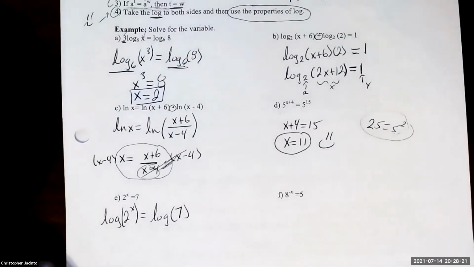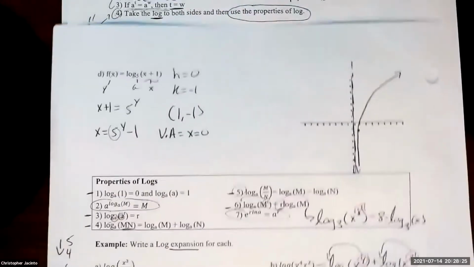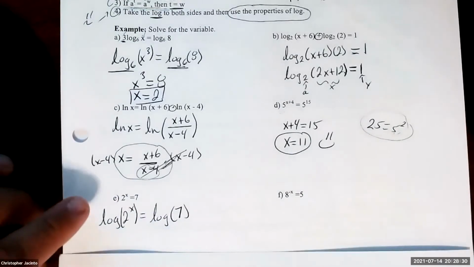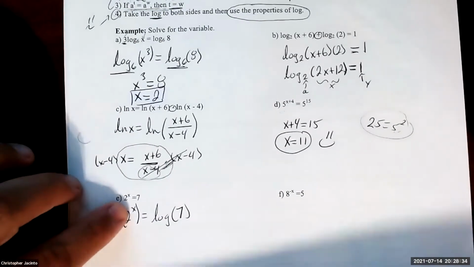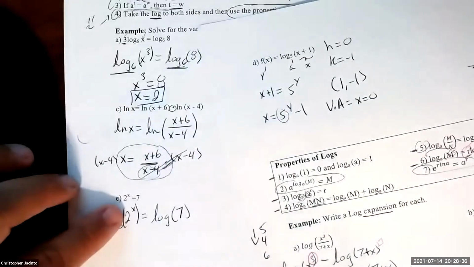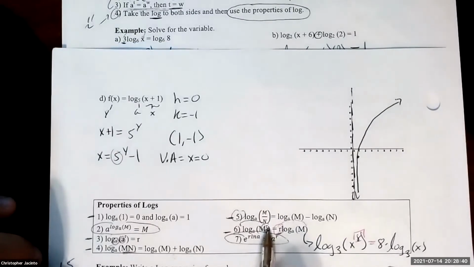So again, the major properties we know are these ones. We want the x to not be in the power, and we know there's a property to get rid of that, and that's property 6: power goes to the front.